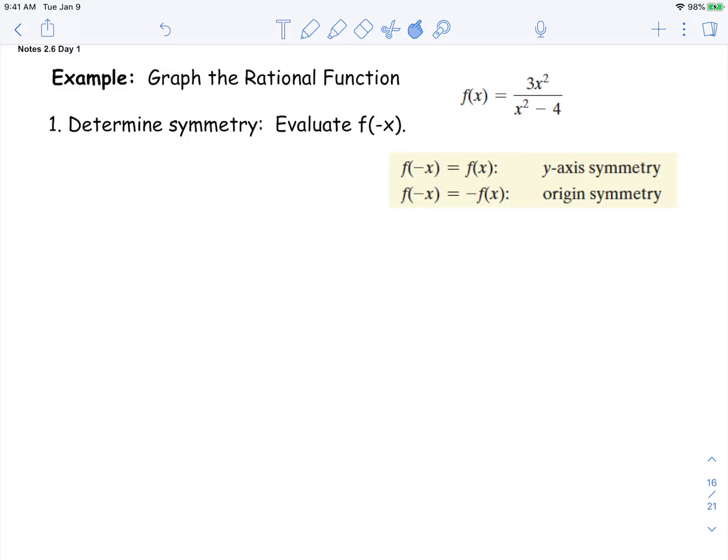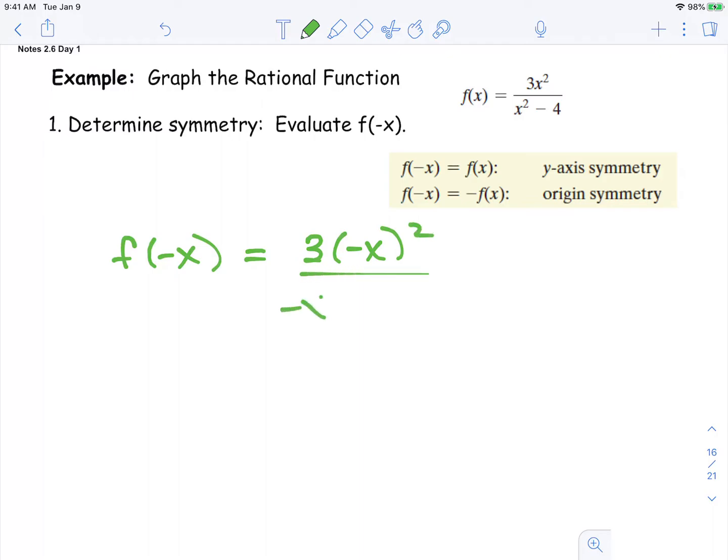All right, here's another example on graphing rational functions. So step one is we're going to find if there is symmetry. So we're going to evaluate the original function for negative x. So we're going to get in the numerator 3x squared, in the denominator x squared minus 4.